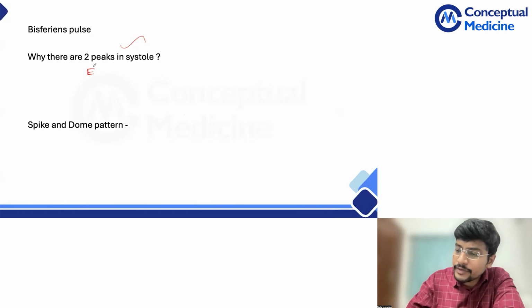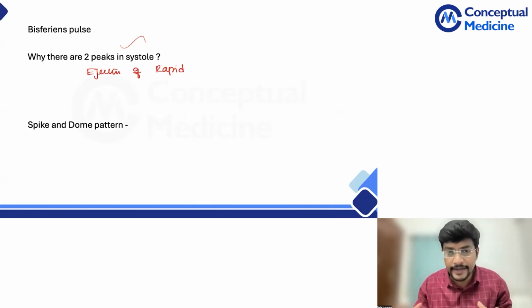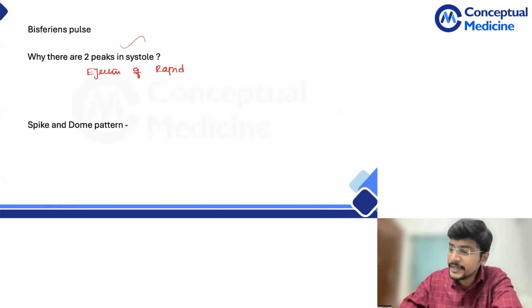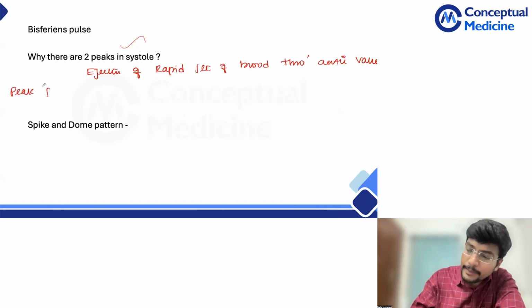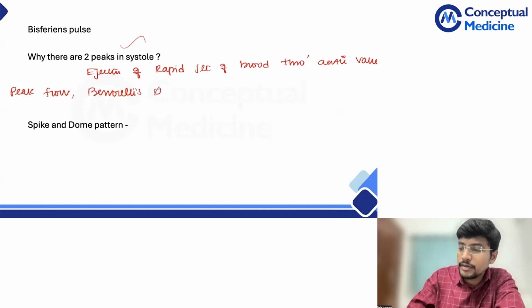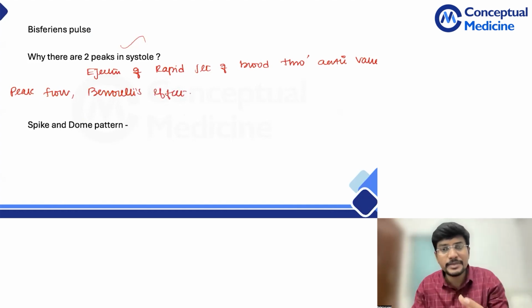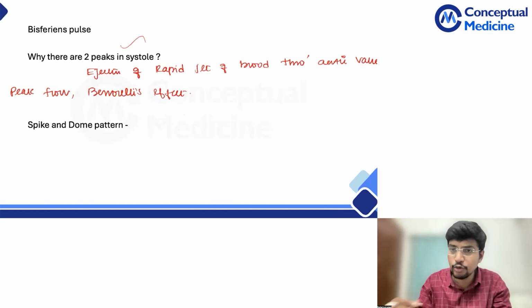Whenever you have ejection of a rapid jet of blood through the aortic valve, because the end diastolic volume is so high, so you have so much volume inside. During the peak flow, because of Bernoulli's effect, which is nothing but a suction effect of the rapid flow over a surface.